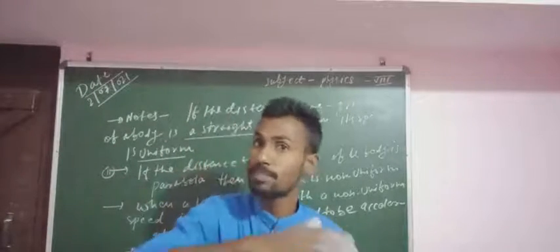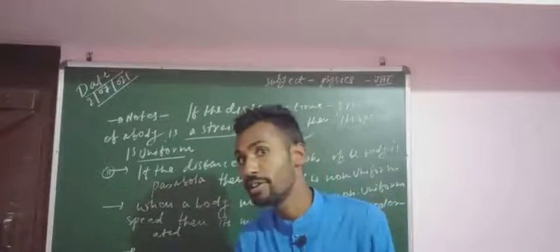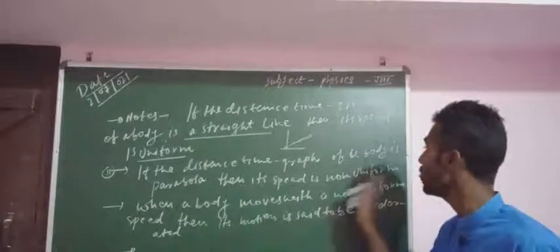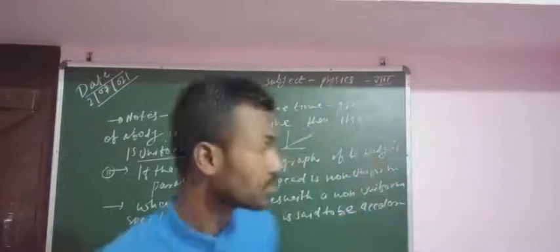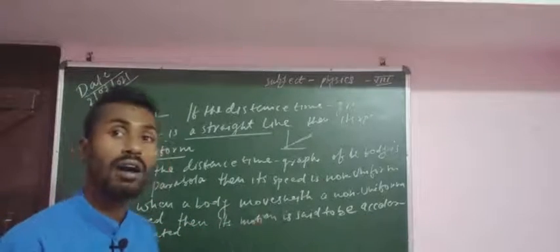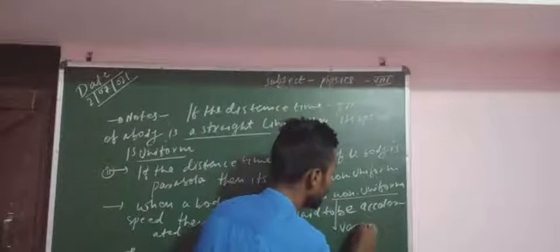You have to keep it in your mind: the body has non-uniform motion. Third point is that when a body moves with variable speed or non-uniform speed, non-uniform speed is sometimes known as variable speed.